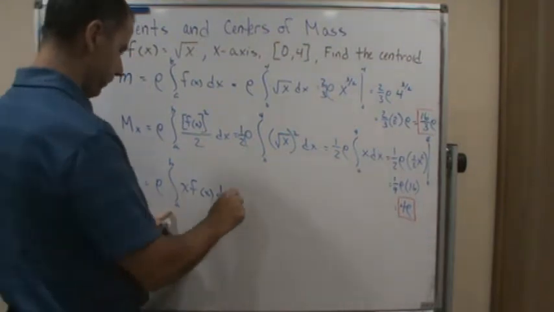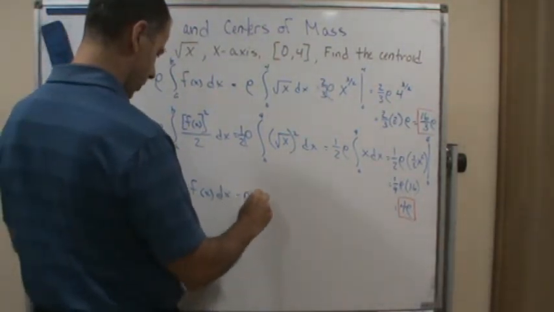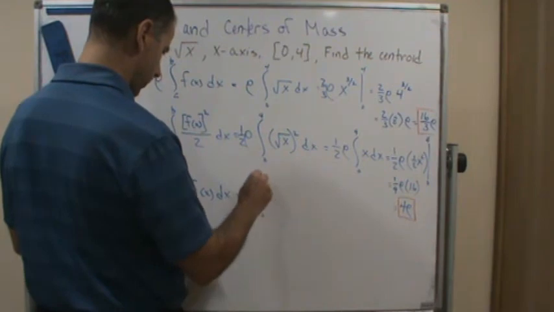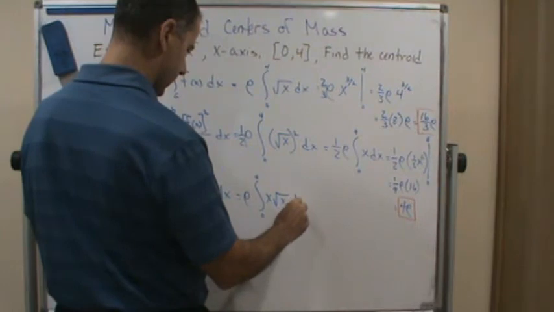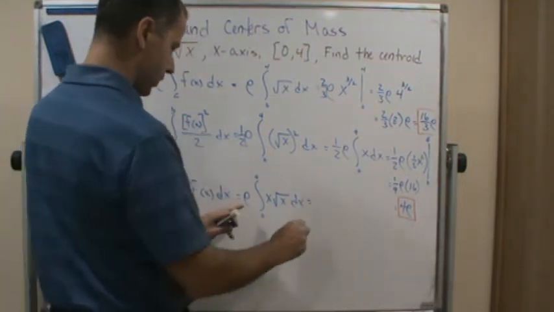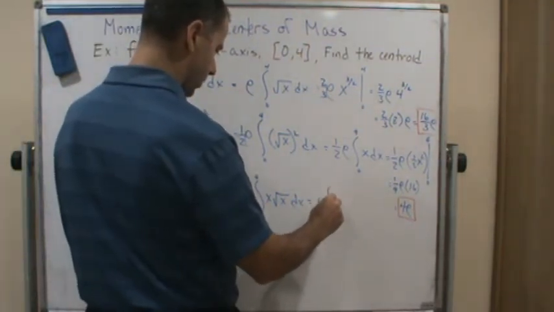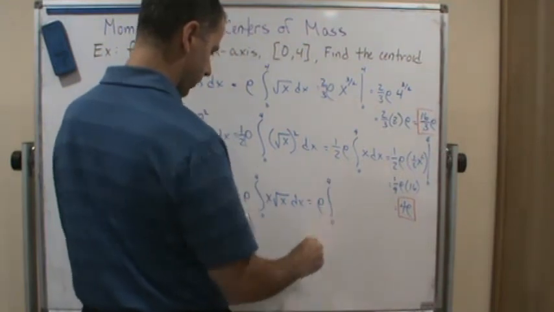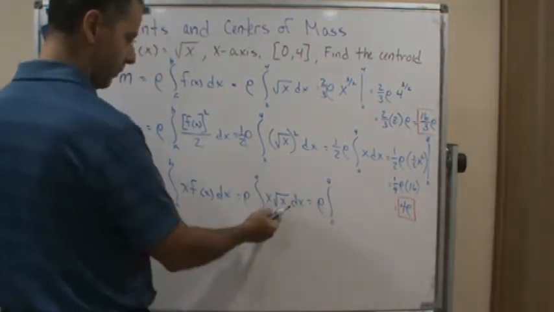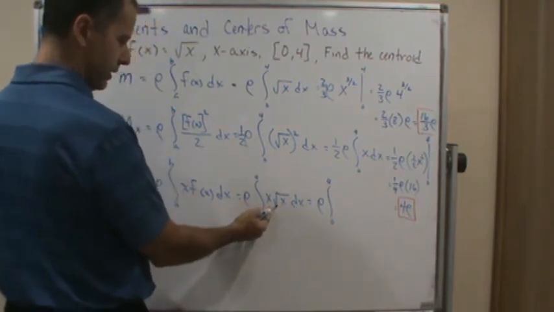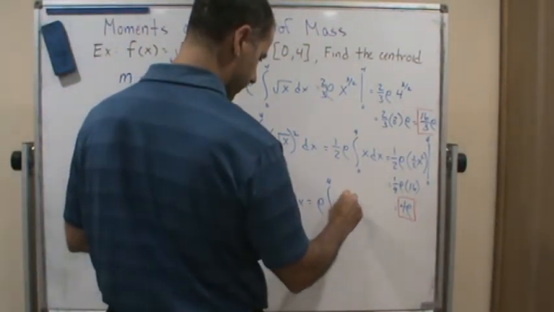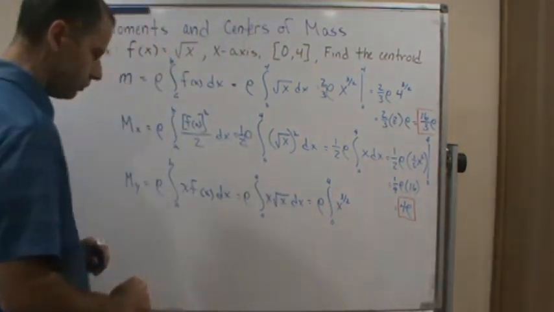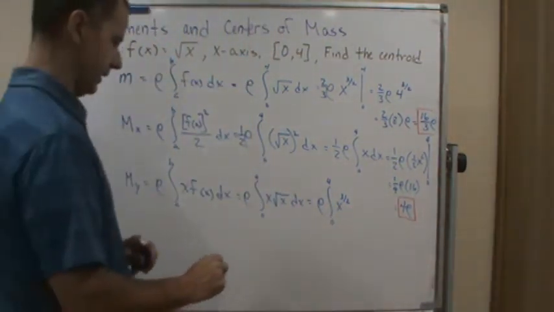And so now this is going to equal rho times the integral from 0 to 4 of x times the square root of x dx, which is then going to become rho times the integral from 0 to 4, and of course this is just going to become x to the 1/2 times x to the 1, or 2/2, which is going to give us x to the 3/2 dx.